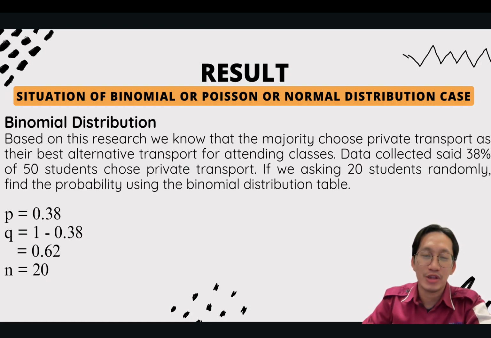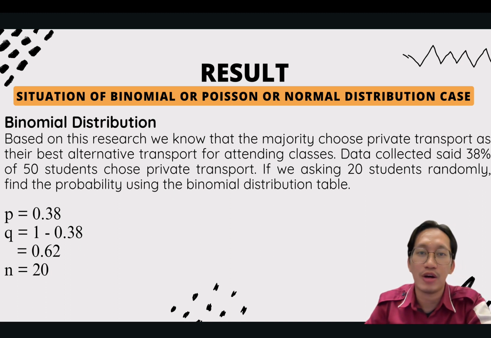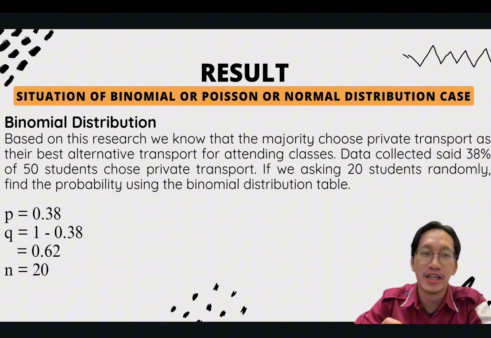Okay, right now I want to present the result of the question situation of a binomial, Poisson or normal distribution case. For this project, I chose to use the binomial distribution. Based on this research, we know that the majority choose private transport as their best alternative for attending classes.